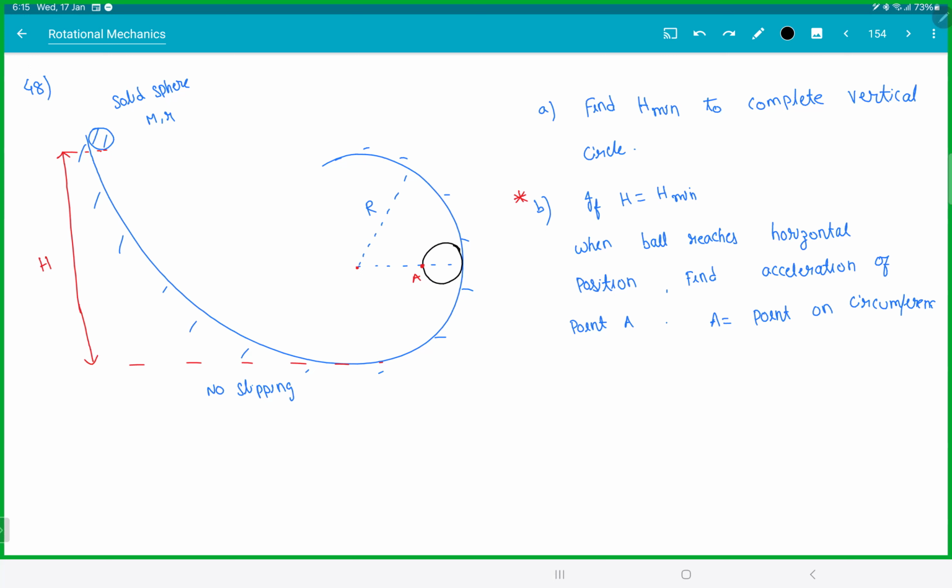You know how many accelerations are there at point A? 4.